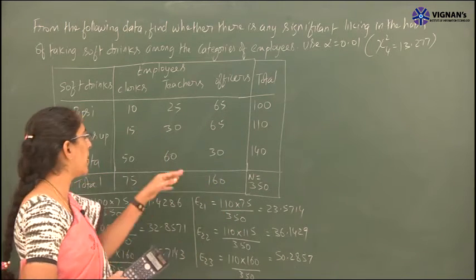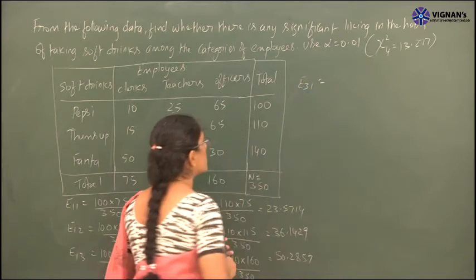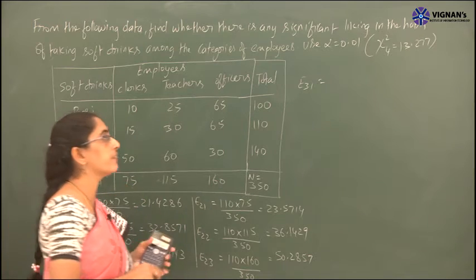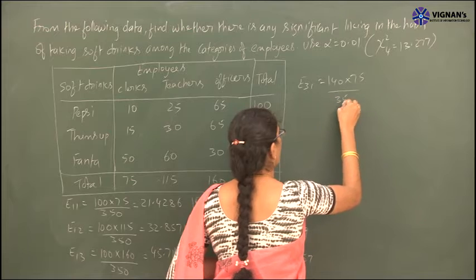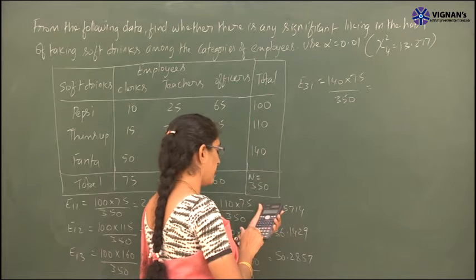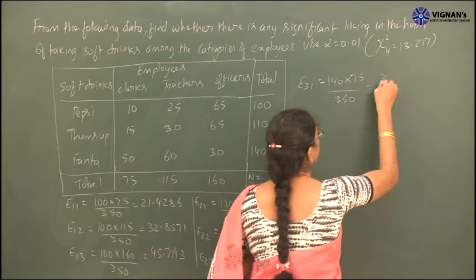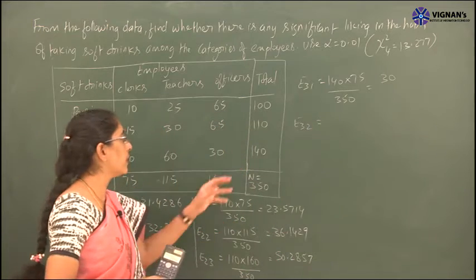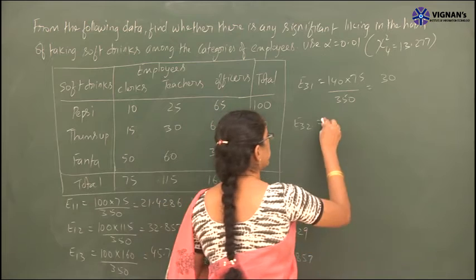Okay. Then next we have to find E31. So A3 into B1 means 140 into 75 by 350. So that is equal to 30. Next, E32 is equal to 140 into 115 by 350.